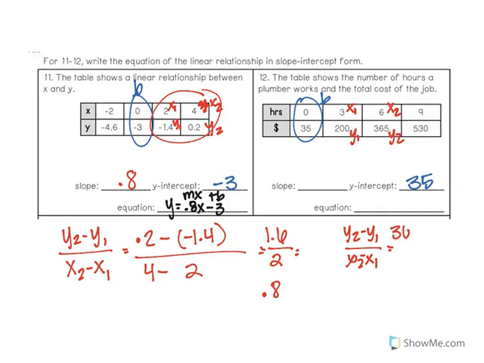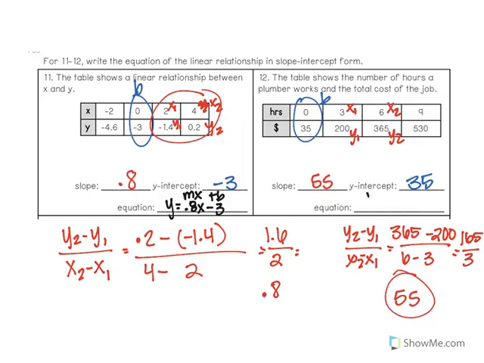My y2 is 365 minus 200 over my x2, which is 6 minus 3. 365 minus 200 is going to give me 165 over 6 minus 3 is 3, and that simplifies down to 55. So my slope is 55. When I write my equation, y equals mx plus b, they're both positive, so y equals 55x plus 35.